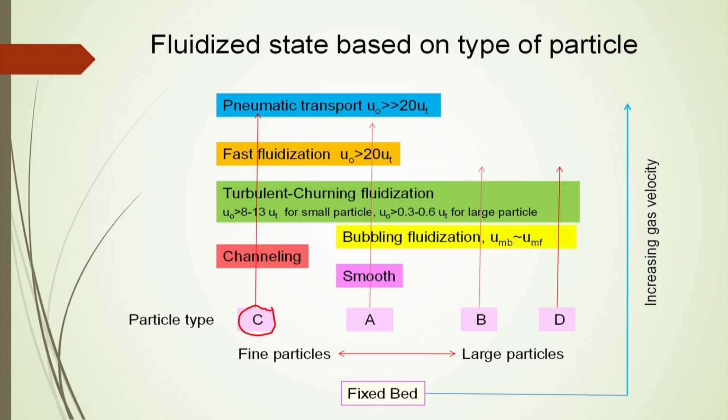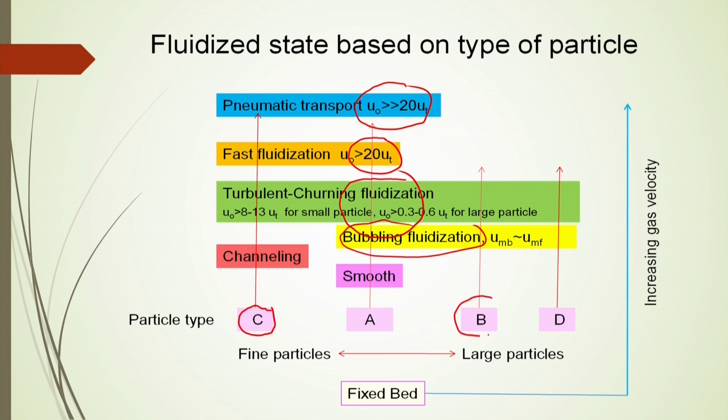You can also get turbulent fluidization and fast fluidization, but it is very difficult to get pneumatic transport with these particles. All these flow regimes you get only by increasing the gas velocity while fixing the solid particle type.